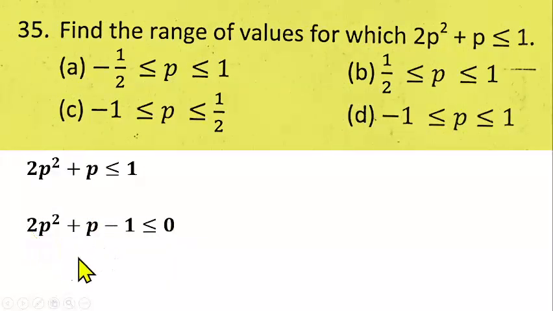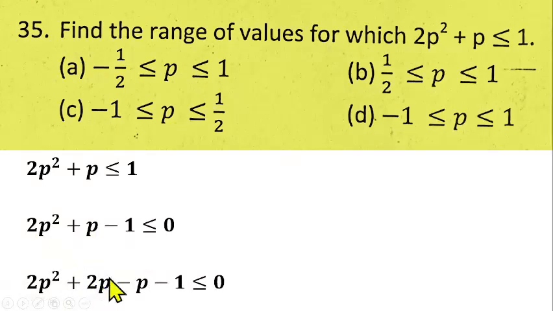Then using your factorization method, 2 multiplied by minus 1 gives minus 2. Then two numbers that multiply together to give minus 2, and when you add them together give us plus 1, that should be plus 2 and minus 1. If we replace this p here, we will have 2p squared plus 2p minus p minus 1 less than or equal to 0. Then factorize this. So 2p is common here. You have 2p into p plus 1. Minus 1 is common.